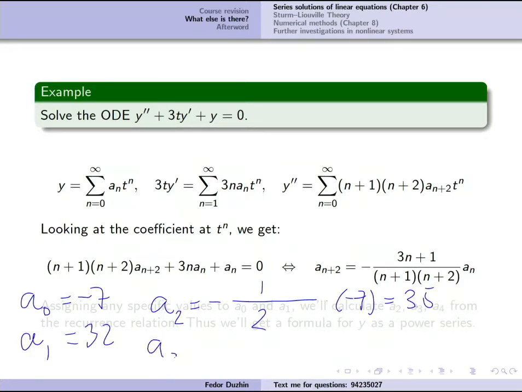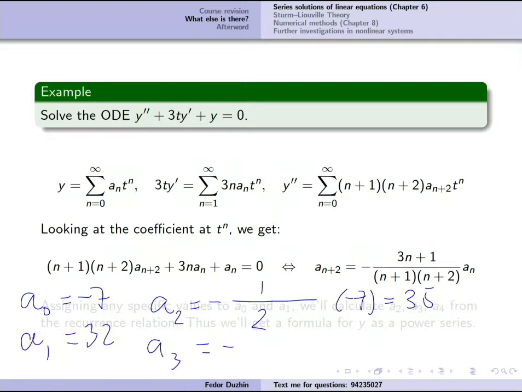Then a3 is going to be minus, then 1. So a3 is a_(n+2), where n is 1.